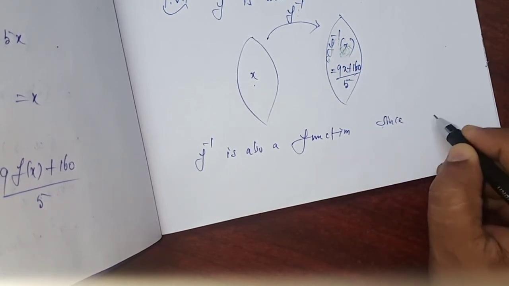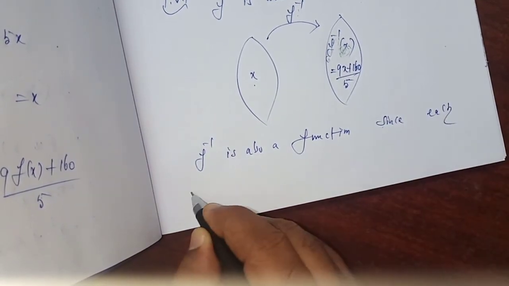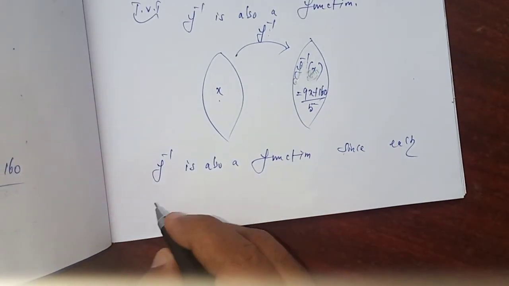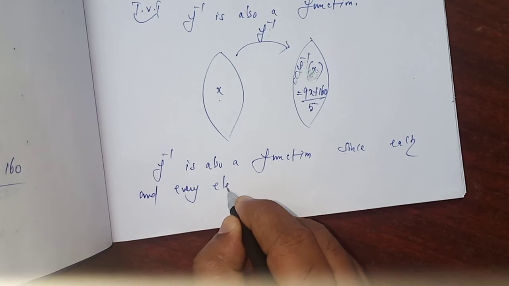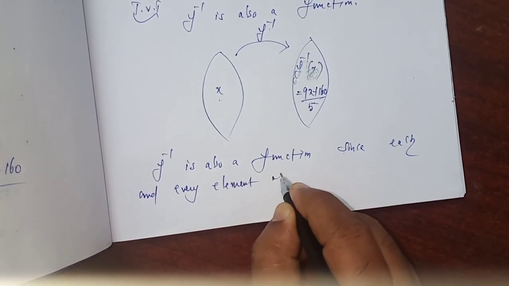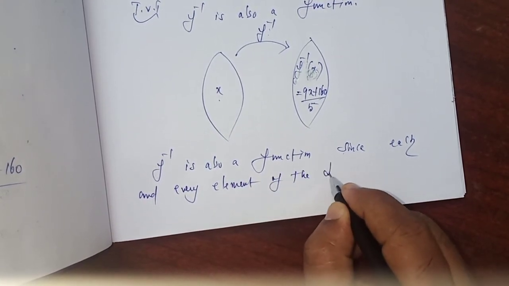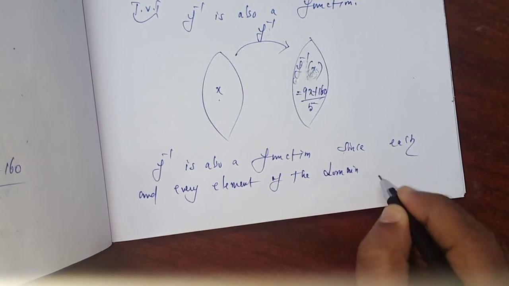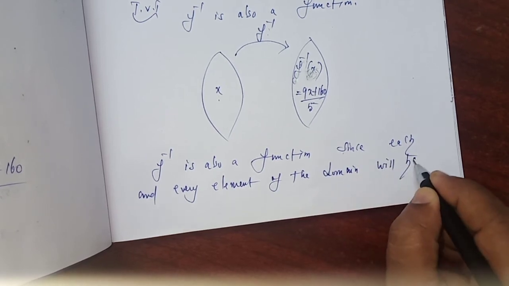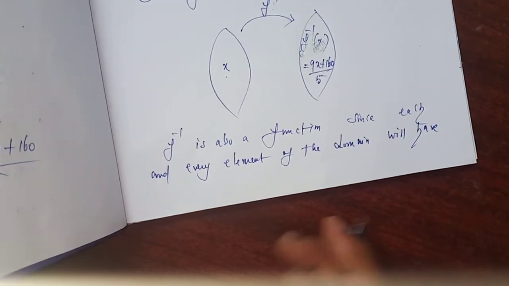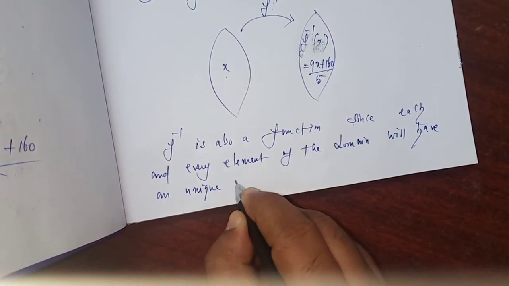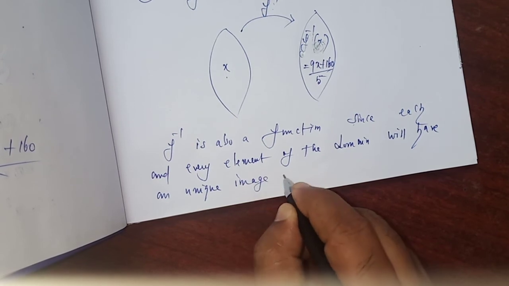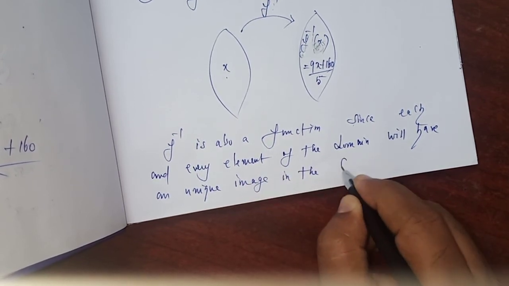since each and every element of the domain will have a unique image in the codomain.